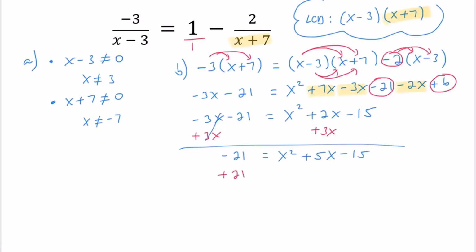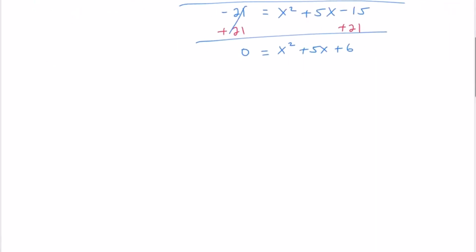Add the 21 over. So we have 0 is equal to x squared plus 5x plus 6. We need to factor x squared plus 5x plus 6. So here the number in front of x squared is 1.